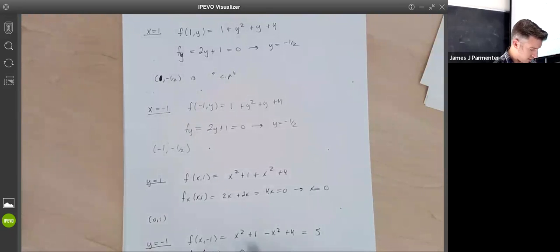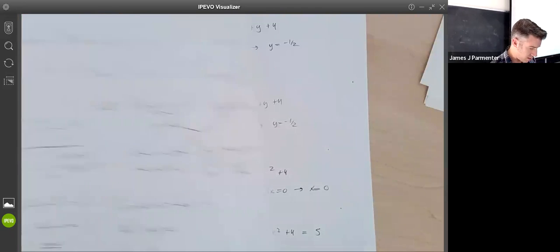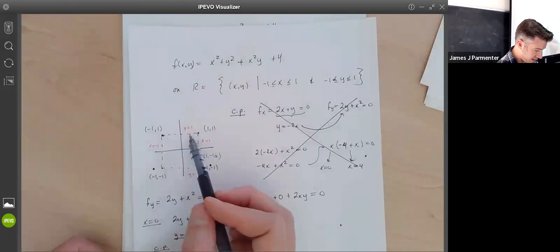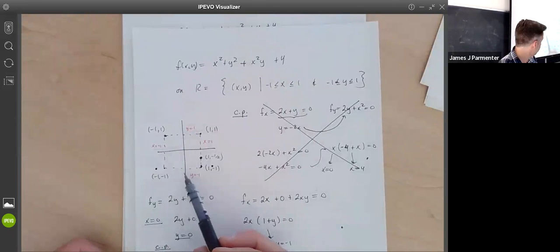So essentially along that wall, all of the heights are the same. If you plug in -1, the height's always 5. I should be plugging -1 for y. So along this wall, the height of the function is always 5.